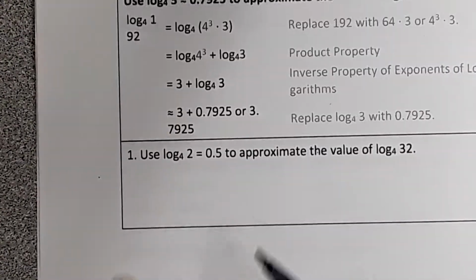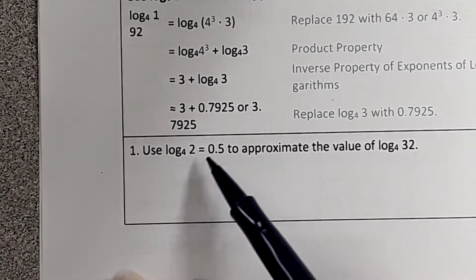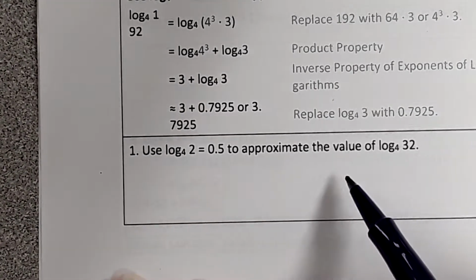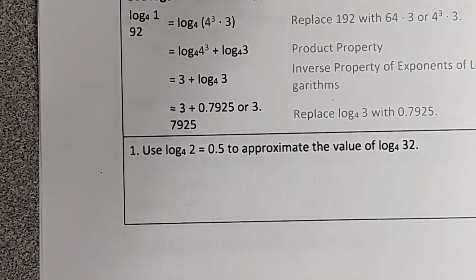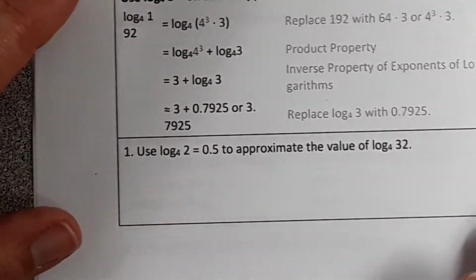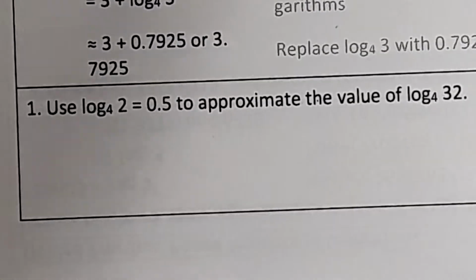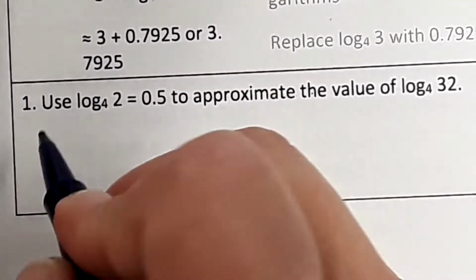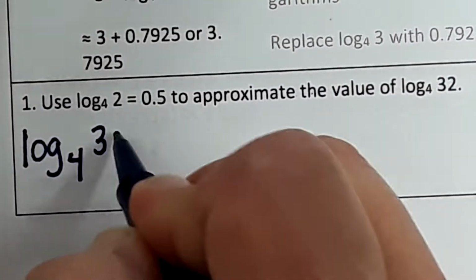It says, use log base 4 of 2 equaling 0.5 to approximate the value of log base 4 of 32. So that's the one that we're going to look at. Again, you guys, the thing that you need to know about this is they're either going to give us something or it's something that we know. So let's start with log base 4 of 32.